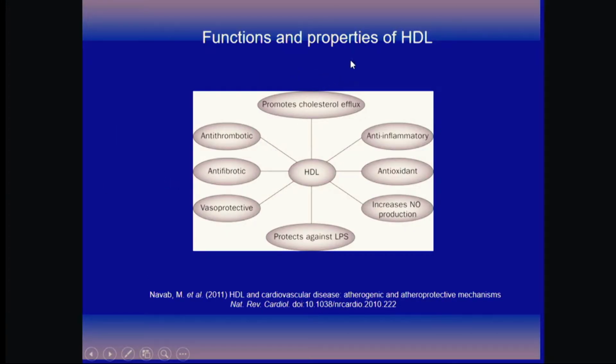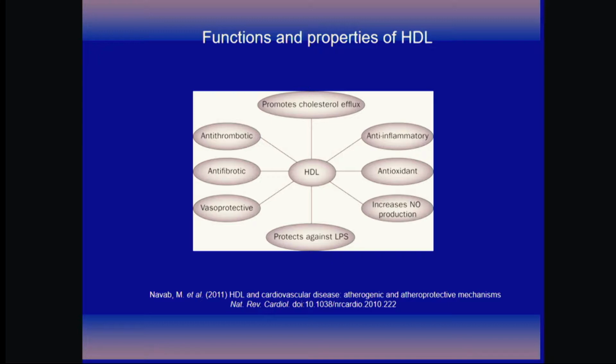However, HDL has several other functions. Not only does it remove excess cholesterol, but it's anti-inflammatory, antioxidant, it protects against infections, and it also repairs the endothelium. So HDL has many, many good cardioprotective functions.